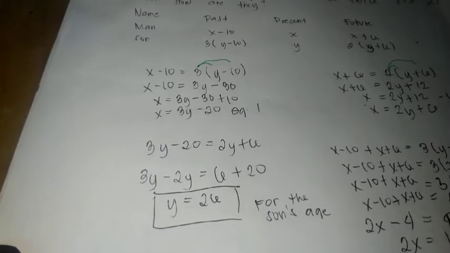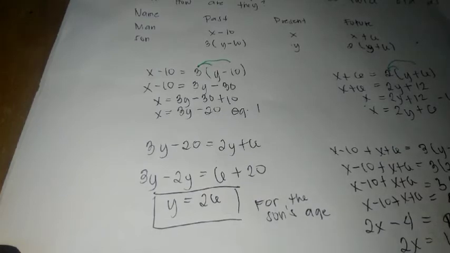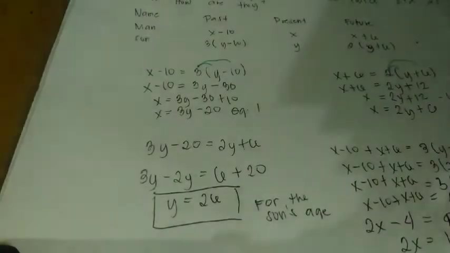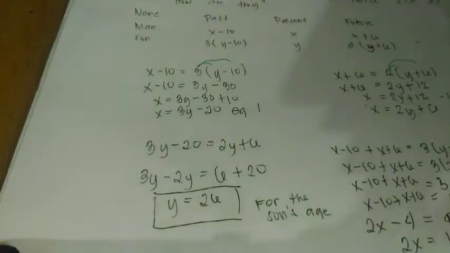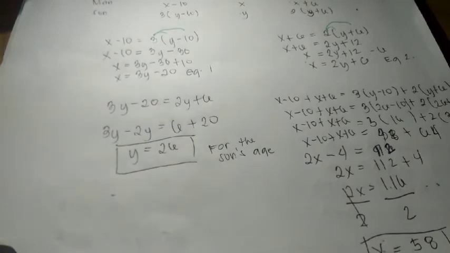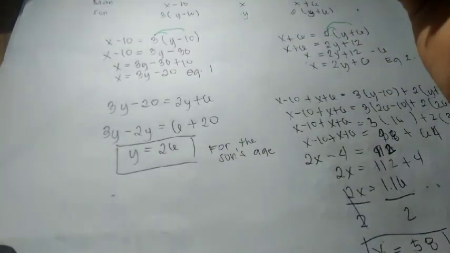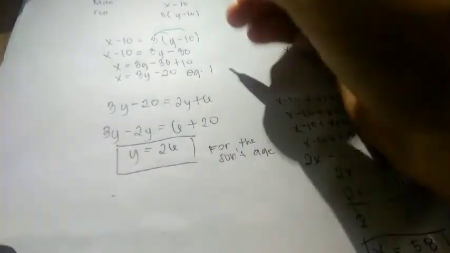So, after we get equation 1 and equation 2, we have to solve or substitute. Let's equate them. So we have here equation 1, which is 3y minus 20, and equation 2, which is 2y plus 6.